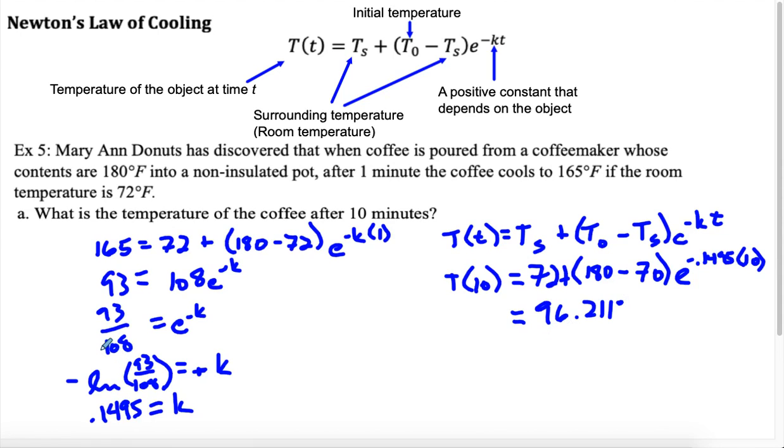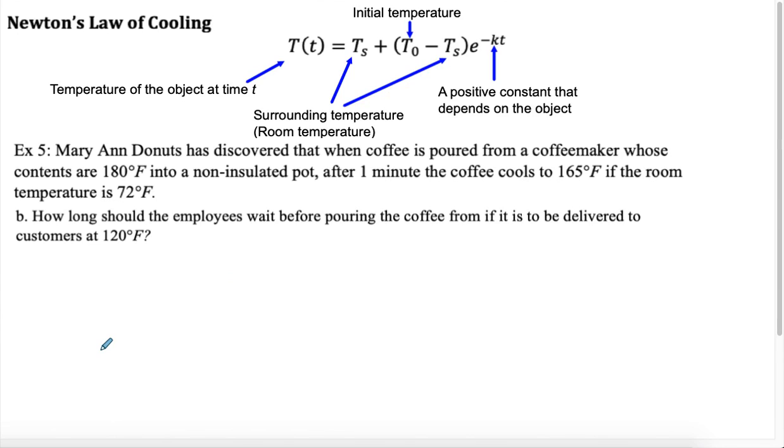Okay. Now in our second question, we want to solve for a time. We want to know how long the employees should wait before pouring the coffee if it is to be delivered at 120. So I want my temperature to be 120. I'm going to write it all out.